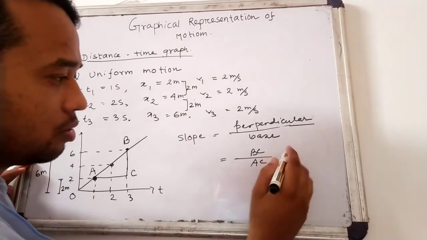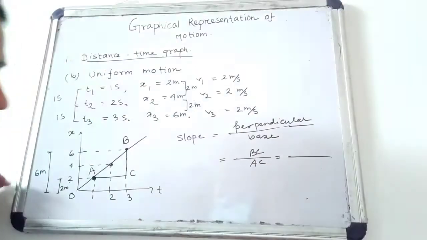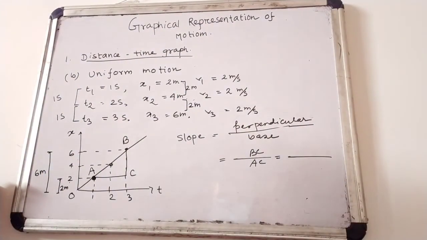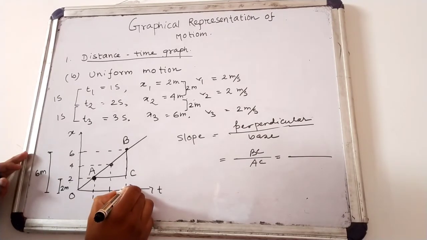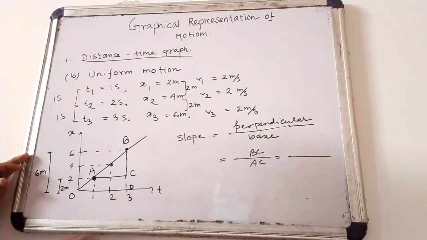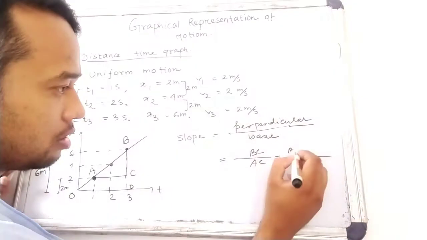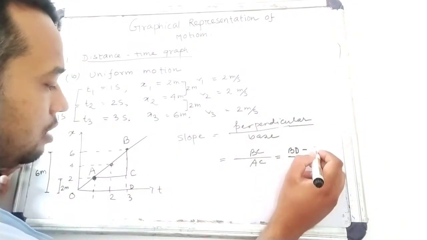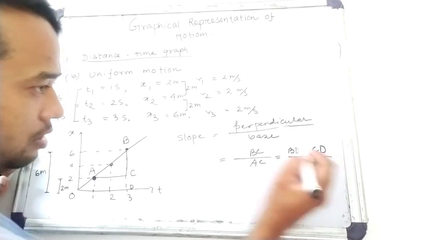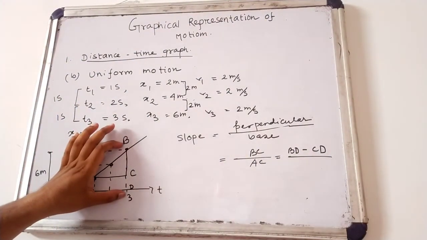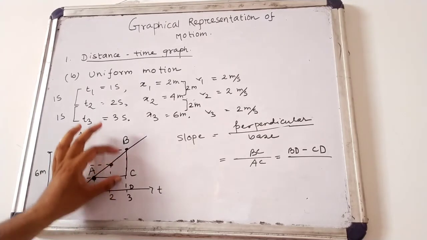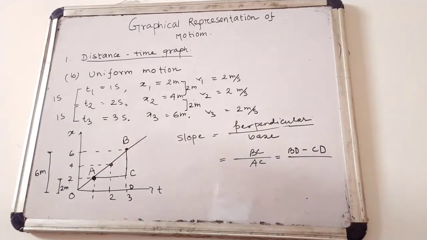So BC we can write like this. Suppose we take another point here, D. BC equals what? BD minus CD. If from the total BD we subtract CD, then we get BC.